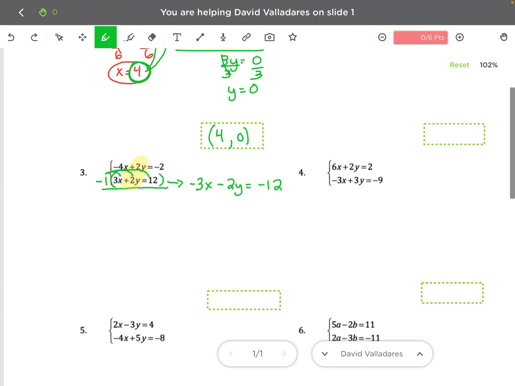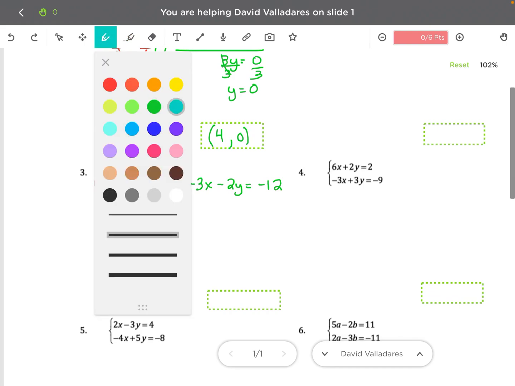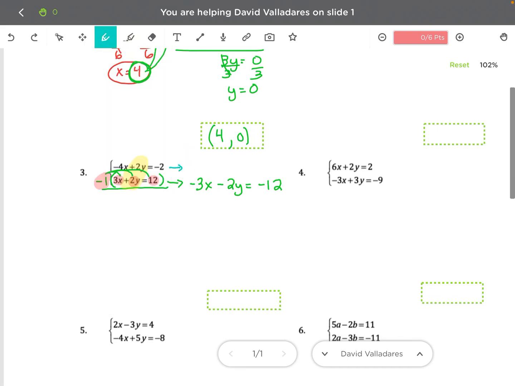Notice how I took that -1 and distributed it to every single thing. You have to take that -1 and distribute to each term. Don't forget to go all the way over. Now, that first equation, I'm not going to change at all. That's going to stay exactly the same.